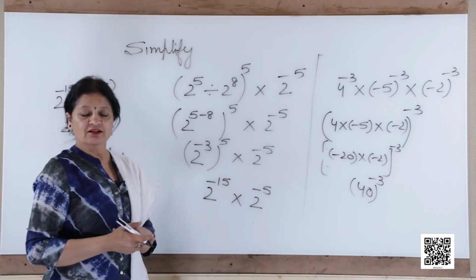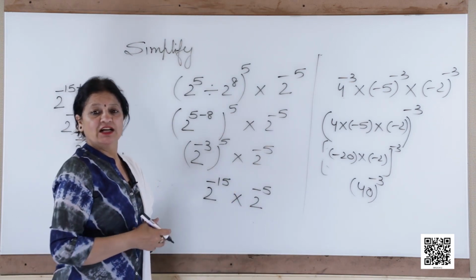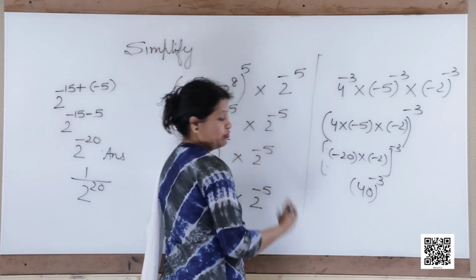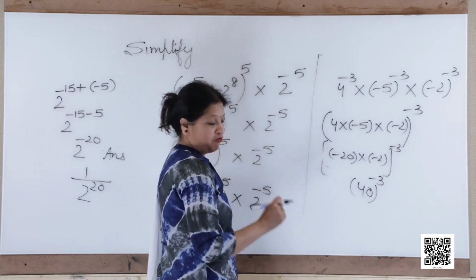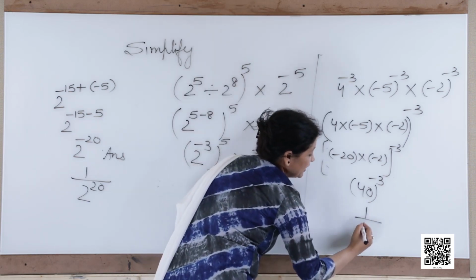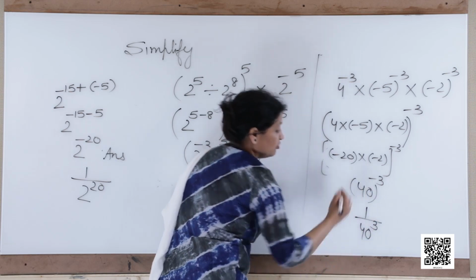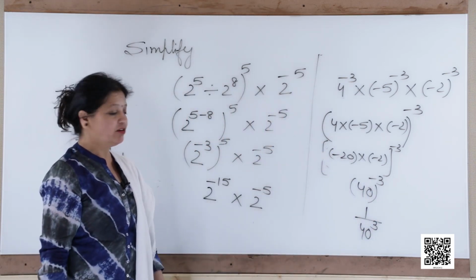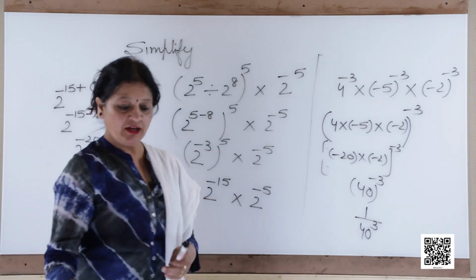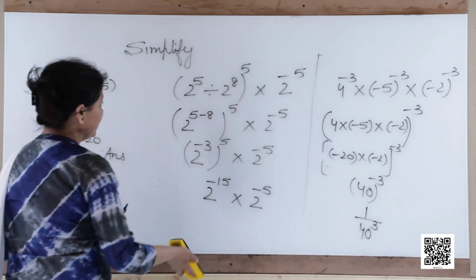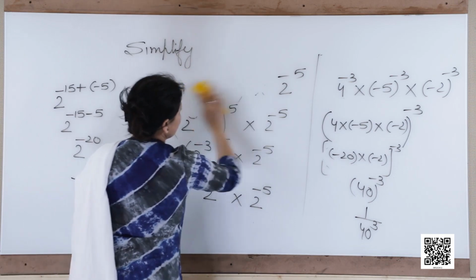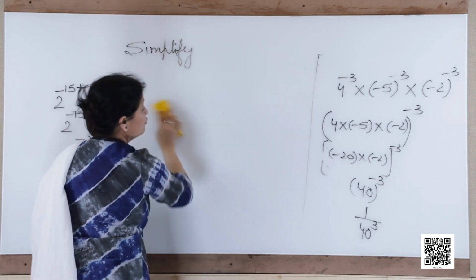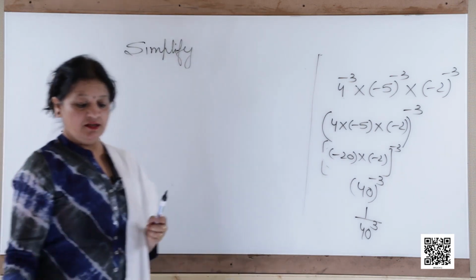That will be your answer. But if they say to write the answer in positive exponent, then how to write it? We will write 40 as 1 by 40 raised to the power 3 to make the power positive. So that will be your answer. I think this thing is also clear to you people. Let's take one more example where the power 0 is given.